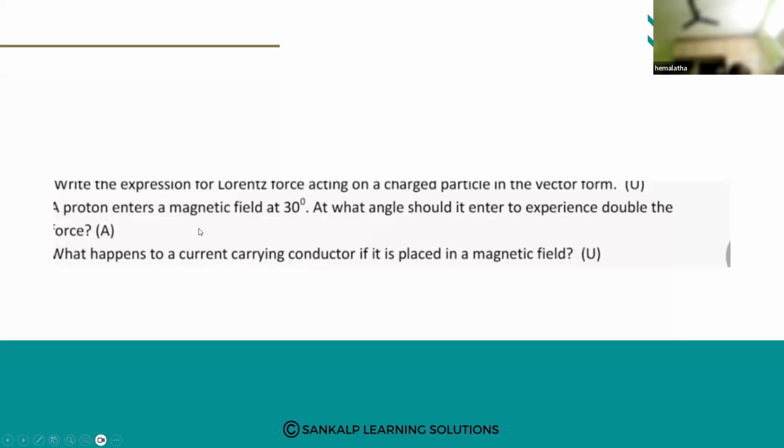Use the formula F is equal to qvB sin theta.